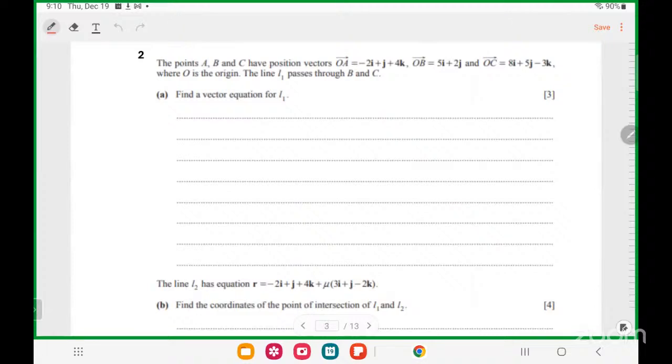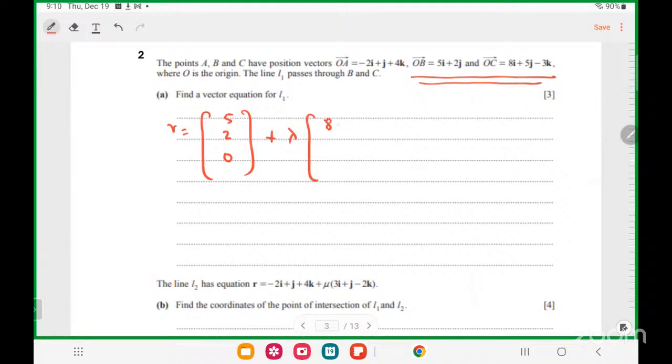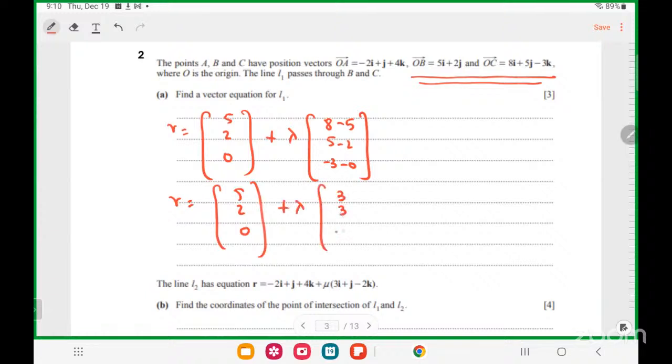Line L1 passes through B and C. So find the vector equation of L1. r is equal to a plus lambda b: (5, 2, 0) plus lambda times (8 minus 5, 5 minus 2, -3 minus 0). So r is equal to (5, 2, 0) plus lambda times (3, 3, -3).